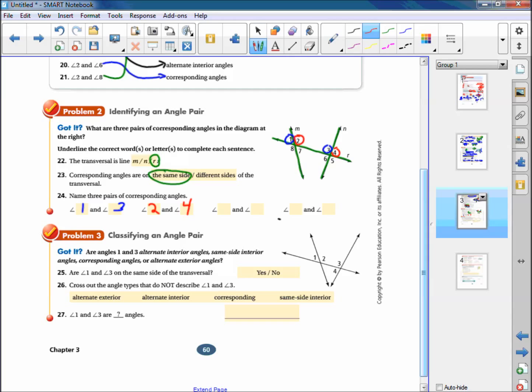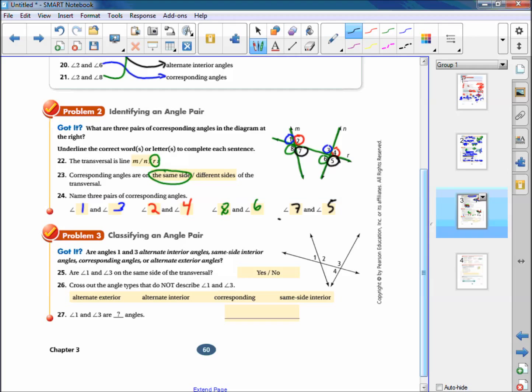Okay, and then our third set would be bottom left with bottom left. So 8 and 6. And then our fourth set, because there are always 4 sets of corresponding angles, are going to be 7 and 5. So it asks for 3, but then it gave you places to write all 4. So we'll do all 4.